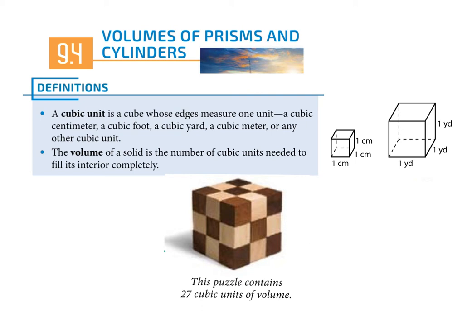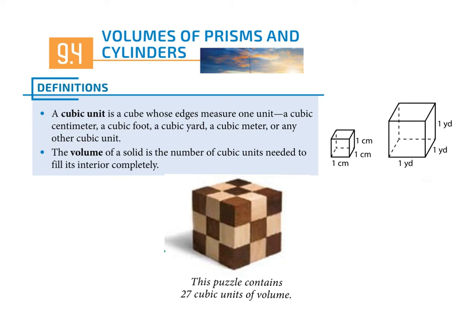A cubic unit is a cube whose edges measure 1 unit. They give you an example, looks like a Rubik's Cube. A cubic centimeter, a cubic foot, a cubic yard, a cubic meter, or any other unit, okay? So if it is inches cubed, you're talking about 1 inch by 1 inch by 1 inch. How many of those can you fit inside this container?